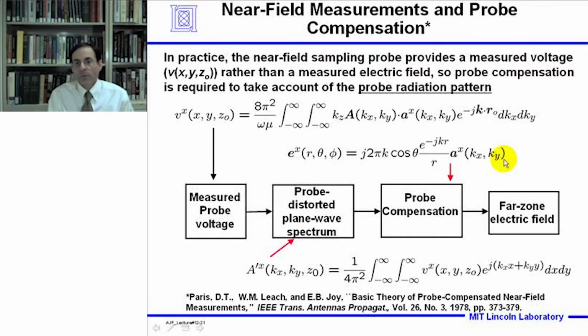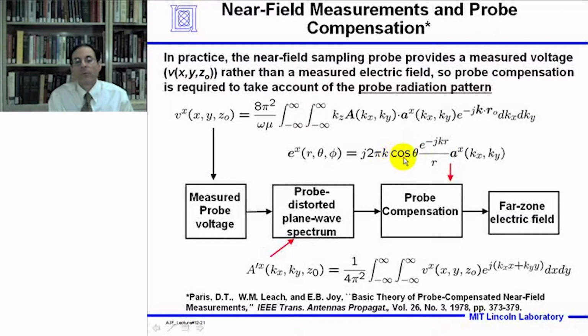To back out the true plane wave spectrum of the antenna, what we need to know is the probe radiation pattern. So we need to determine the probe radiation pattern, either measure it or calculate it, and relate it to the plane wave spectrum of the probe, which is shown here.